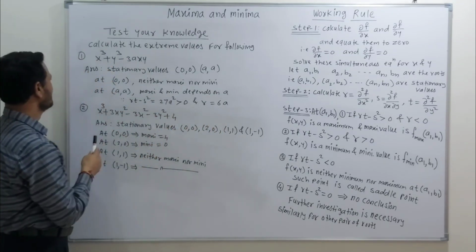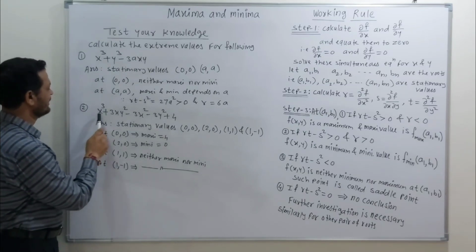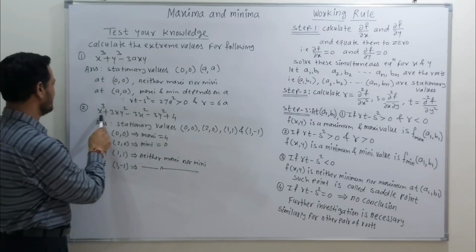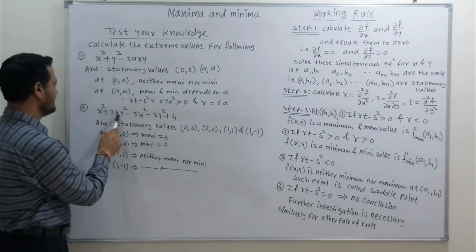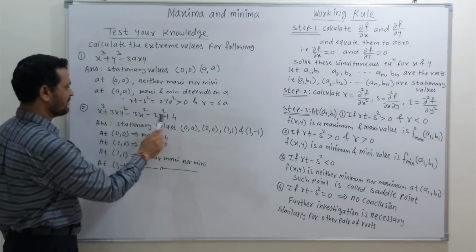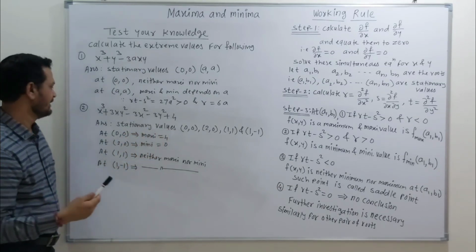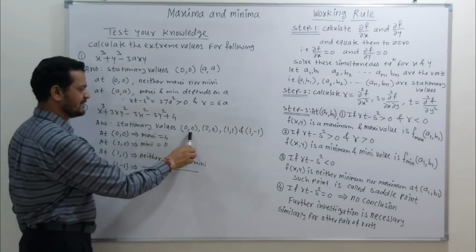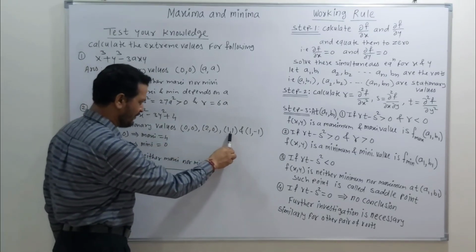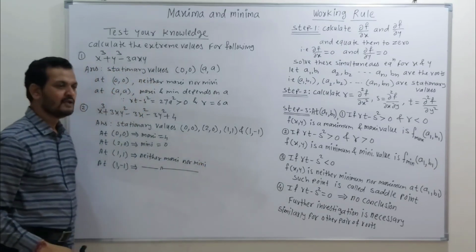Then question number 2 is, calculate the extreme value for the function x cube plus 3xy square minus 3x square minus 3y square plus 4. If we solve this example, we get the stationary values as (0, 0), (2, 0), (1, 1) and (1, -1).